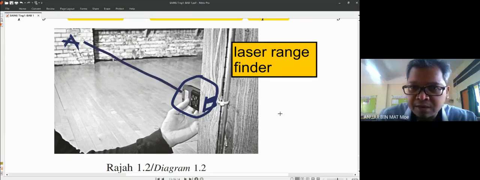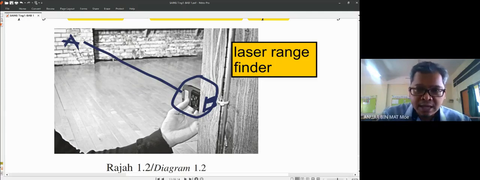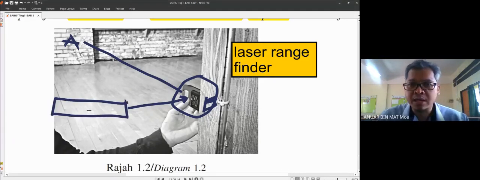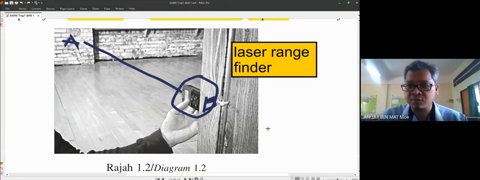Laser is sometimes invisible, sometimes it is not. By using just a light. This is very portable, and the range or the distance can be automatically displayed here.